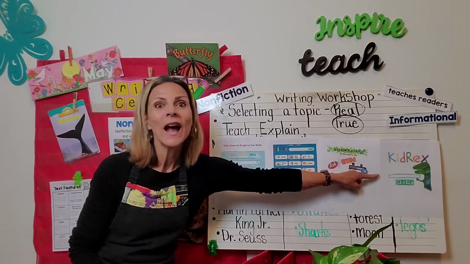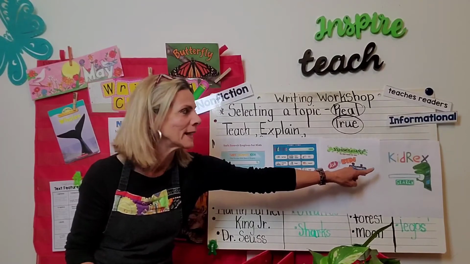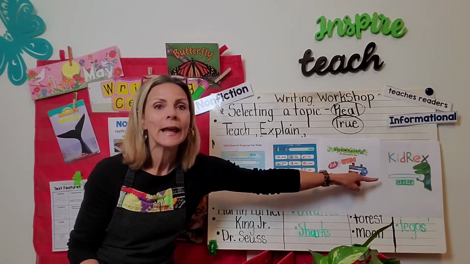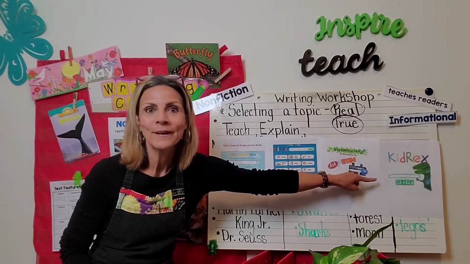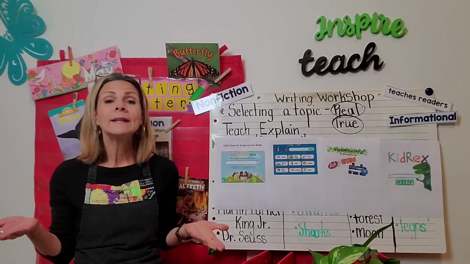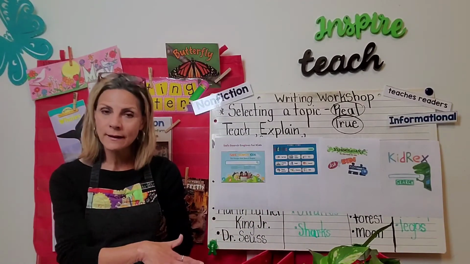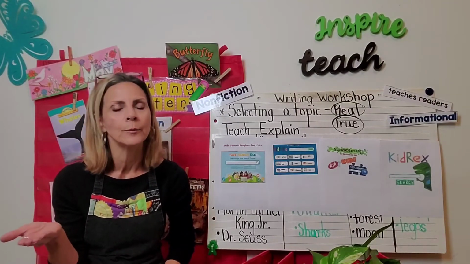And then this is the one I always use when I'm doing a research project with my students in class. It's called KidRex. Again, you can see that little search bar right there. You type in what you want to look for, click search. You will be navigated to a list of different choices that you can click on. Again, you'll need an adult to help you with this.